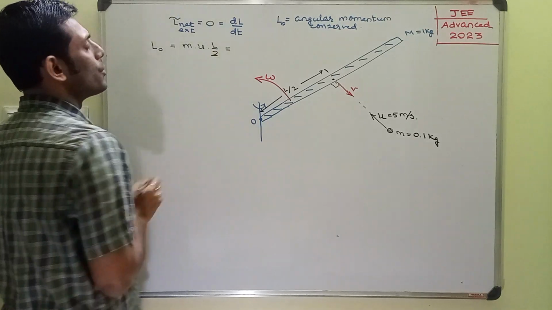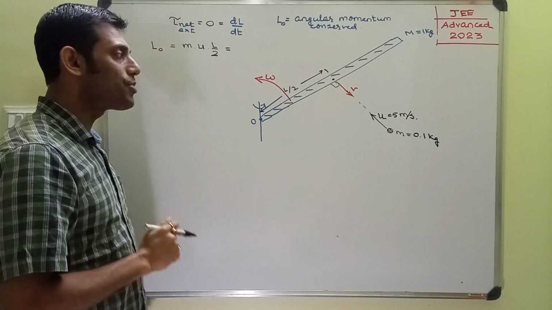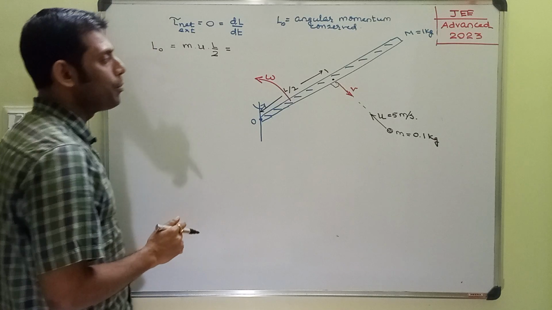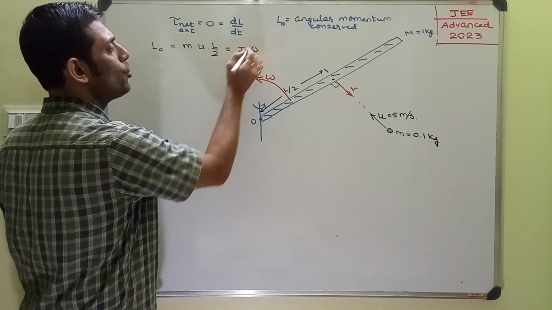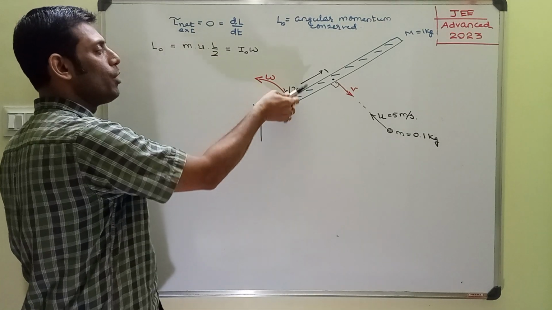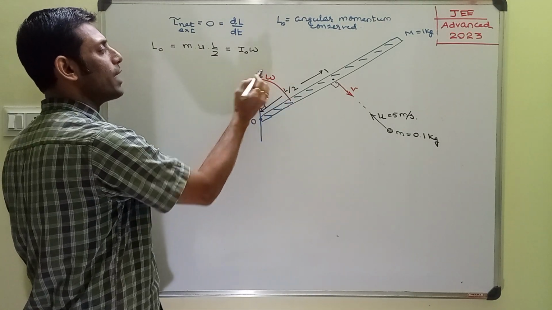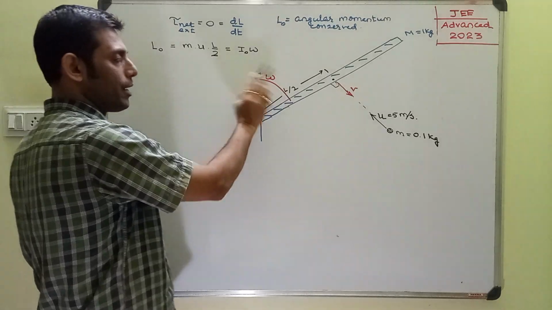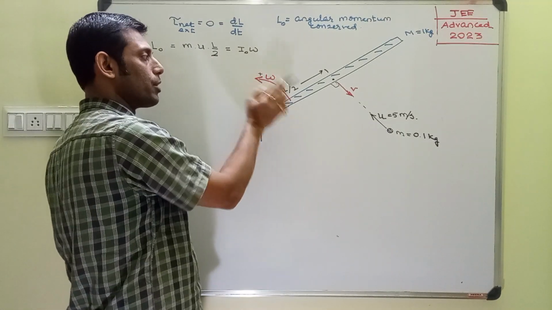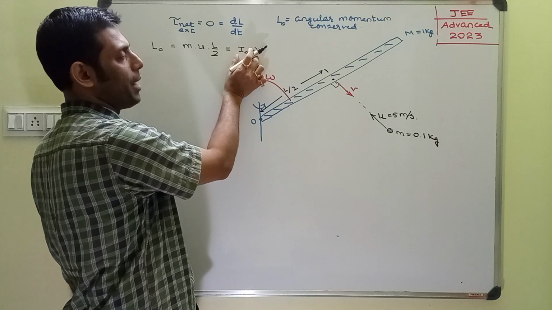Then after collision what happens? This angular momentum should be conserved. So the angular momentum of the rod about this point O is I naught into omega. This is the angular momentum in the positive direction, and it is allotted to the rod. The rod rotates with the angular momentum I naught omega.